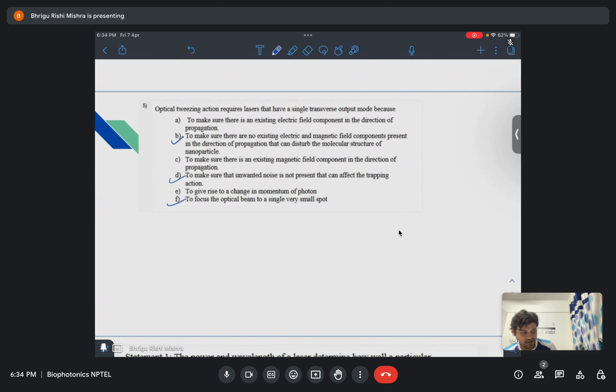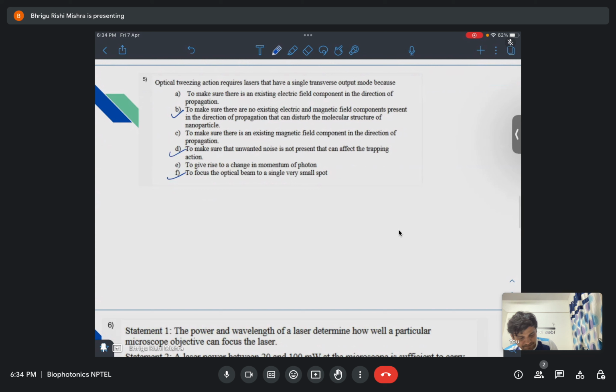Now let's discuss a little bit about this single transverse output mode. This is also known as TEM00 mode. First let us discuss the transverse output mode, or what is the transverse mode?